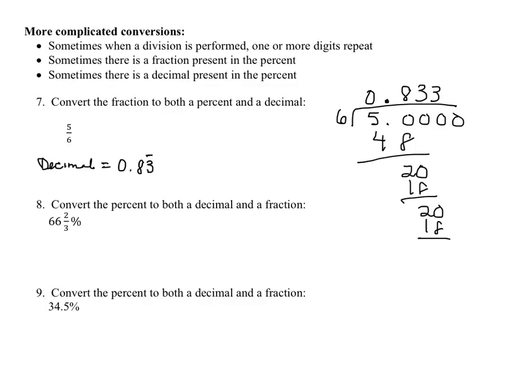If I want to convert it to a percent, I would need to multiply by 100, right? So I'm going to kind of ignore the decimal for right now because I'd like the percent to be a little bit cleaner. I'd like to write it as like a mixed percent. So I'm going to multiply it by 100 over 1. So I get 500 over 6 instead.